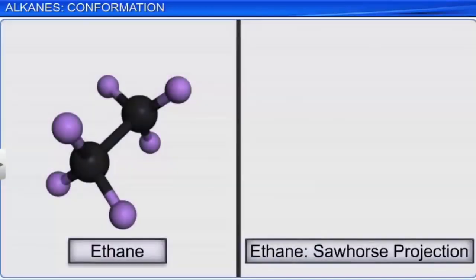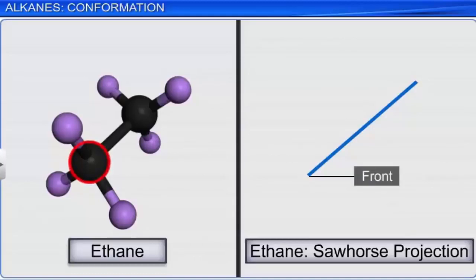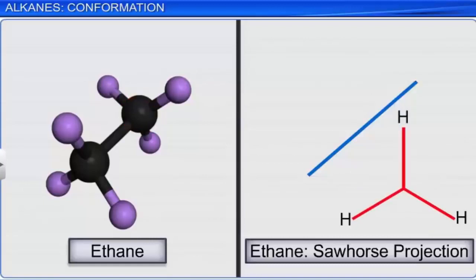Here, the carbon-to-carbon bond is shown as a long straight line, whose upper end is bent slightly either towards the left or towards the right-hand side. The front carbon is shown at the lower end of the line, and the back carbon at the upper end. Each carbon has 3 hydrogen atoms attached to it.